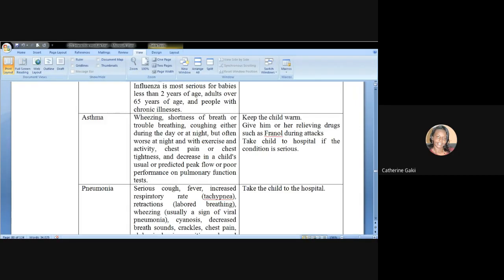This was during the night because of the cold. At night it's cold and the body is not exercising. Chest pains, chest tightness, and decrease in a child's usual or predicted peak performance. That is on pulmonary functions.